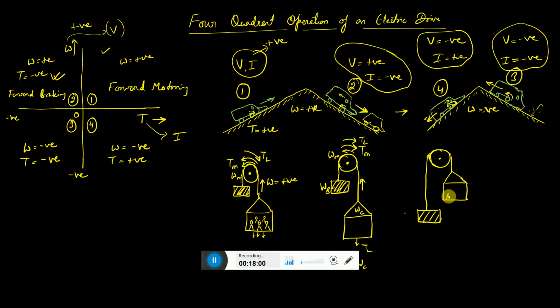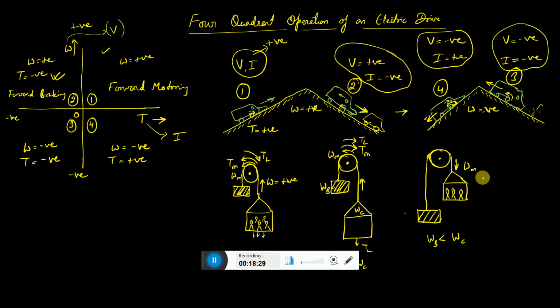So let us think that the people are over here. Now this load is going downward. The weight of the cage is greater than the weight of this block, so it will fall down quickly and move downward.